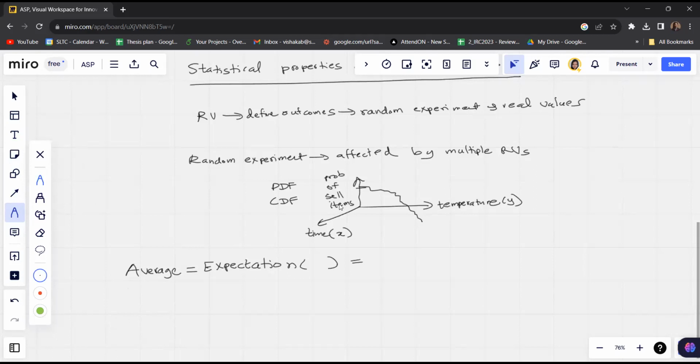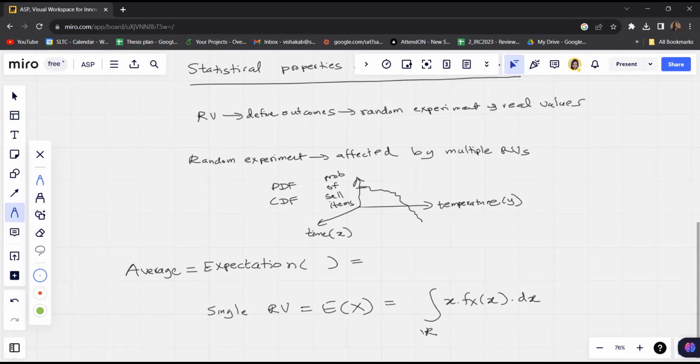For the single random variable case, we defined the expectation operation of a single random variable x using this function, where we find the average of the random variable by taking the random variable and taking the product with its probability density function, and taking the integration of that over the range of the x values.